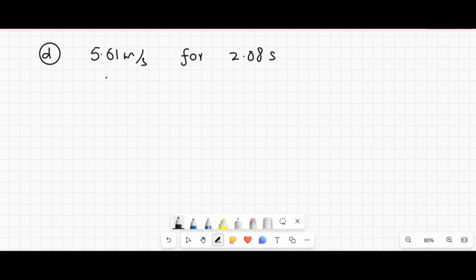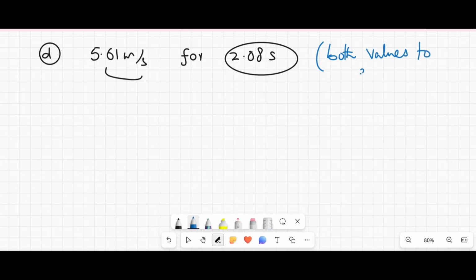So some car or some person or some bike has run at this speed for this time. Now it says both values to three significant figures.